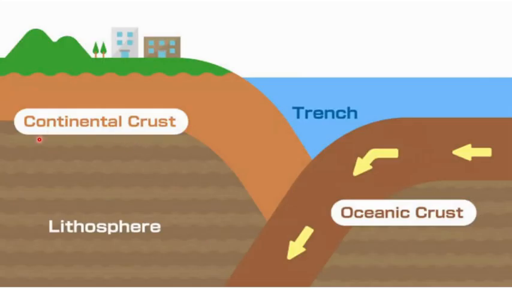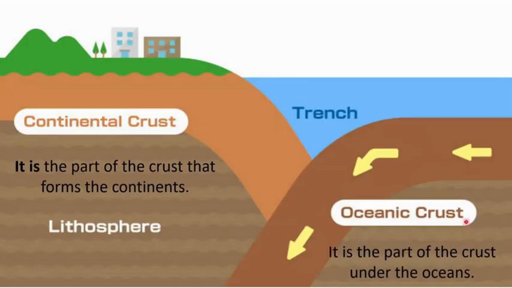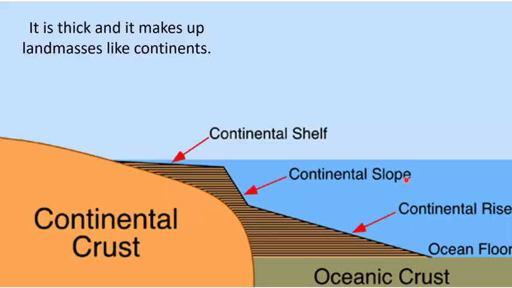When we say continental crust, it is part of the crust that forms the continents. On the other hand, when we say oceanic crust, it is the part of the crust under the oceans. Moreover, continental crust is thick. It is like a thick blanket, about 30 to 50 kilometers deep, and it makes up land masses like continents.